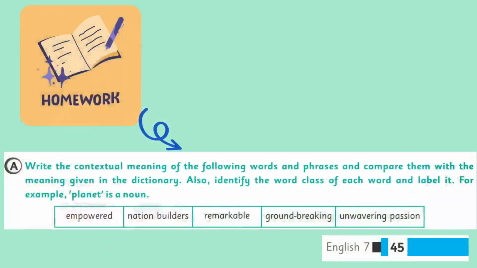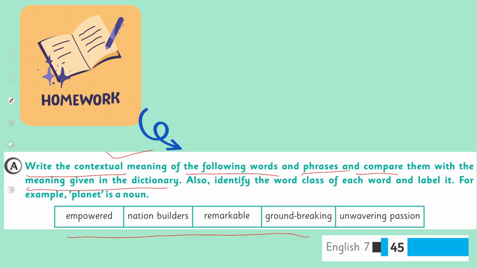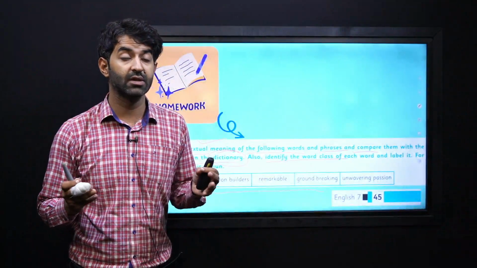Now, for your homework, you have to write the contextual meaning of the following words and phrases and compare them with the meaning given in the dictionary. You will be needing a dictionary for doing this activity. You have to identify the word class of each word and label it, what part of speech it belongs to.